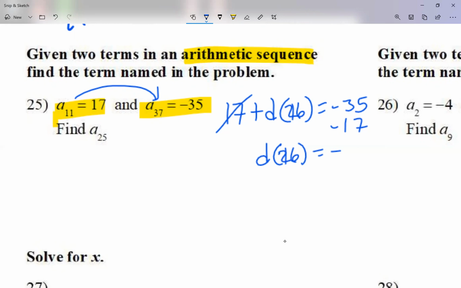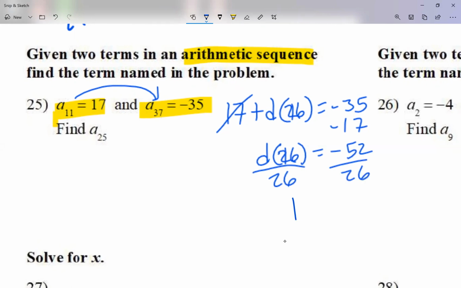So let's see here. Yep, I get -52. So I added the difference 26 times. So now let me divide by 26 to get the difference. So I get -2. Okay.